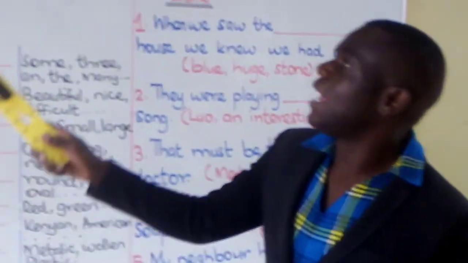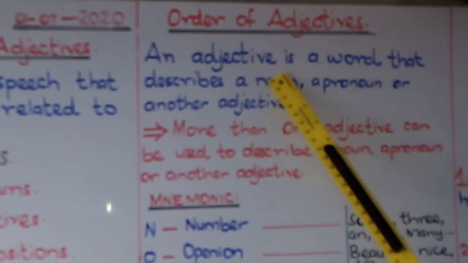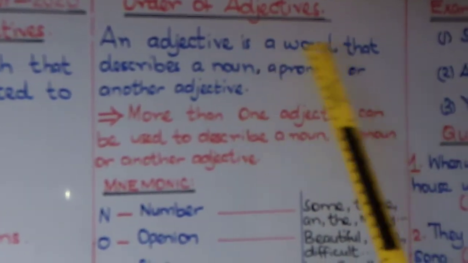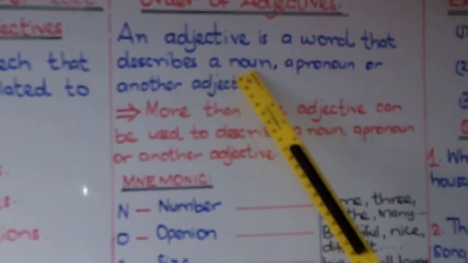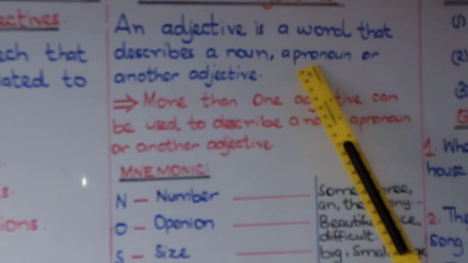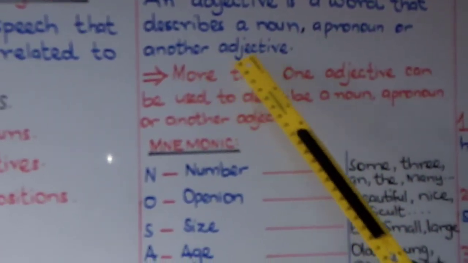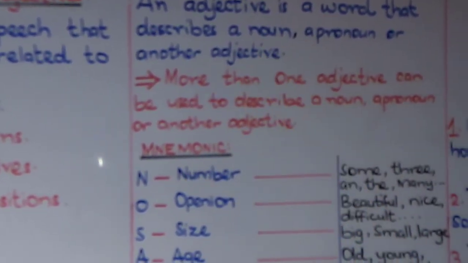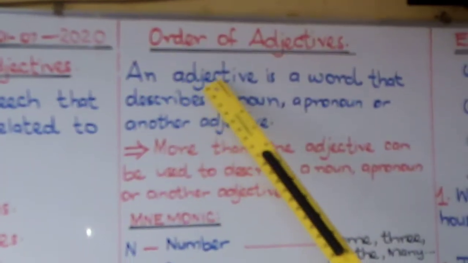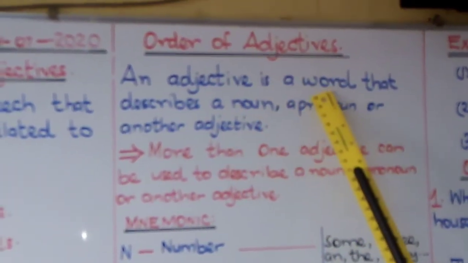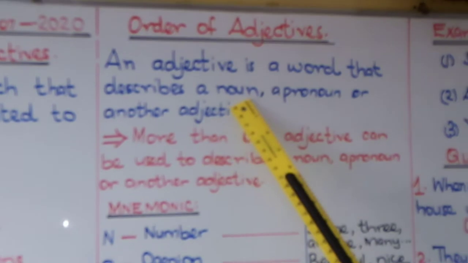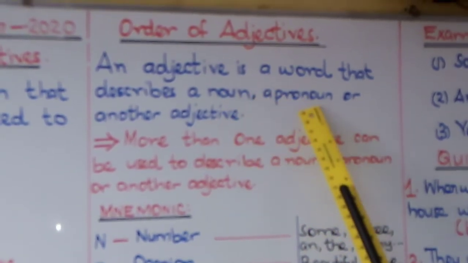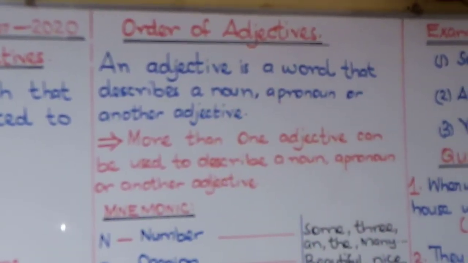Boys and girls, an adjective is a word that describes a noun, a pronoun, or another adjective. I repeat, an adjective is a word that describes a noun, a pronoun, or another adjective.